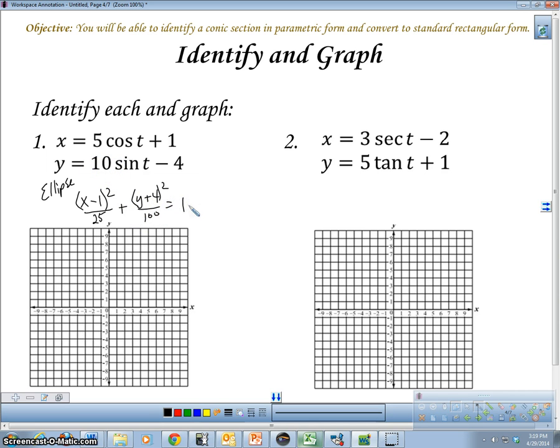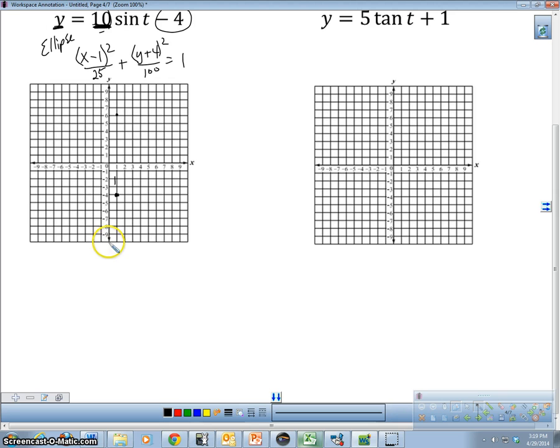Now one of the advantages of having it in parametric form is that we can see exactly how many units we're going to go and stretch it in the y direction. And we can see directly 1, -4, that's going to be our center. So 1, -4. And we can see directly that this is going to go up 10 units from there. So up 10 units is going to get me to 6. Down 10 units is going to get me down here at 11, 12, 13, 14.